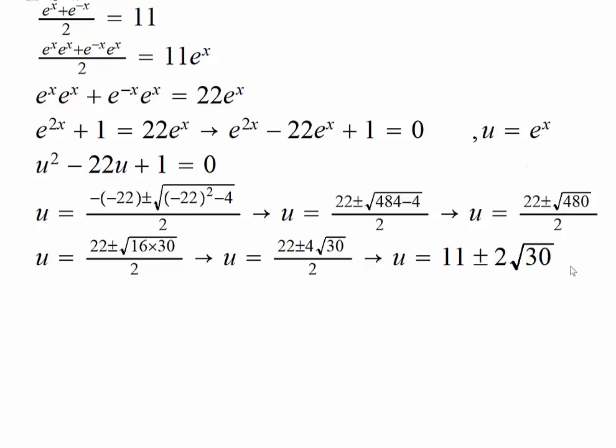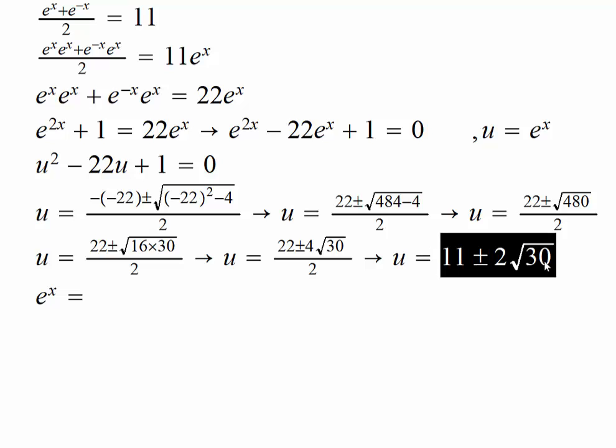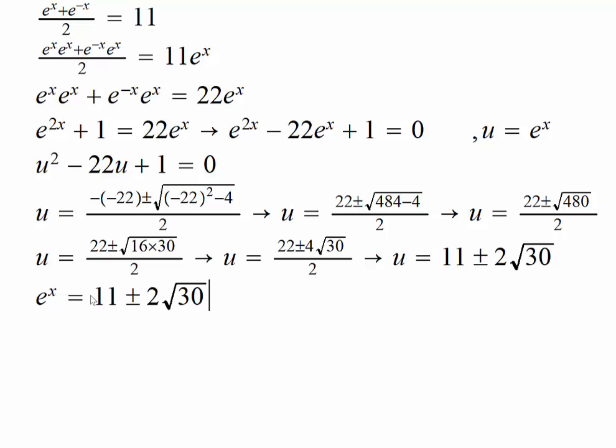All right, so what we got is that e to the x is either this plus sign here. So let's put the plus sign here. So this will be a positive quantity.